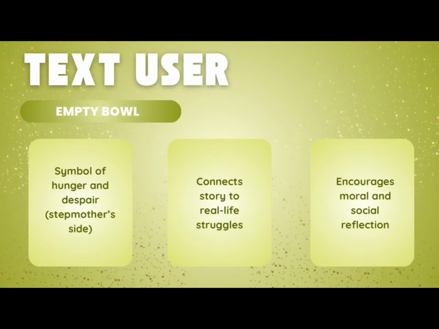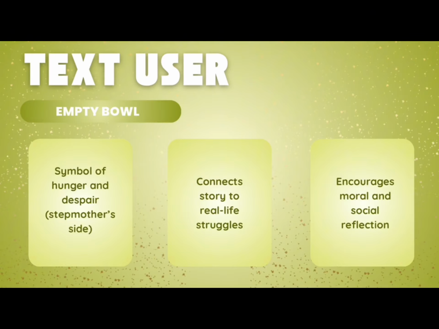The third one is text user. The empty bowl represents the stepmother's hunger and despair, showing that her actions are influenced by circumstances rather than inherent cruelty. The text user role involves applying the story to real-life context and understanding the moral or social lessons.